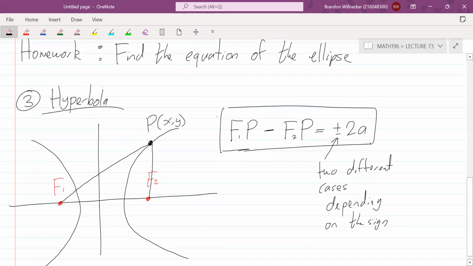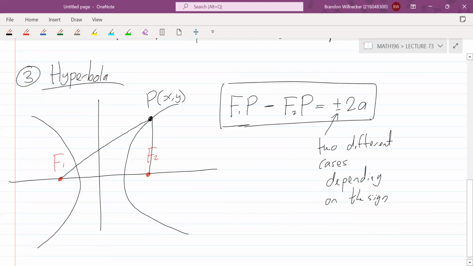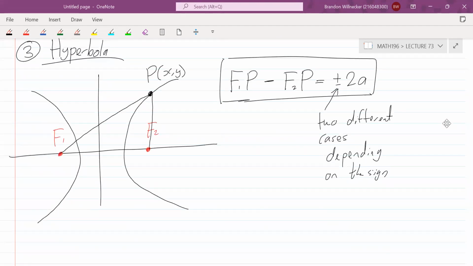All right, any questions on this way of defining these shapes? Okay, so try out these homework problems. I will be posting the solutions later on today, so you can check your work. That's going to be it for the conic sections material.